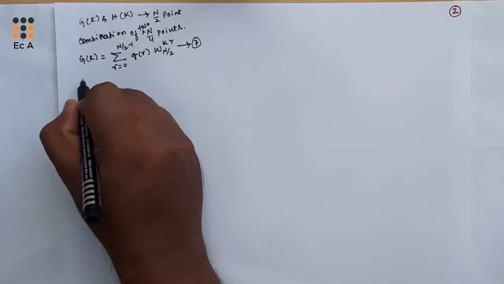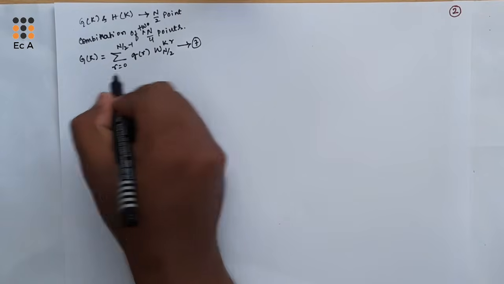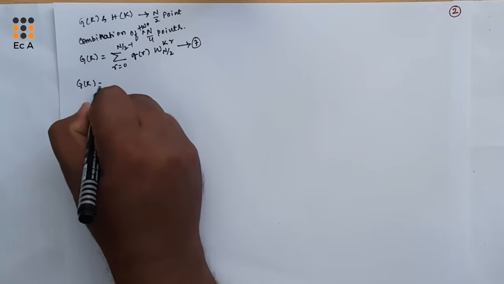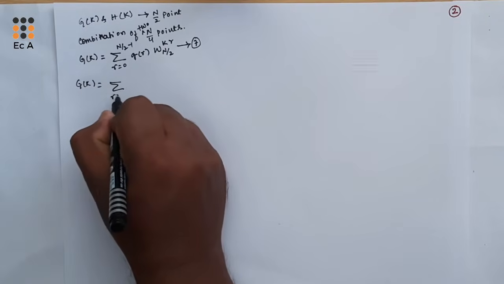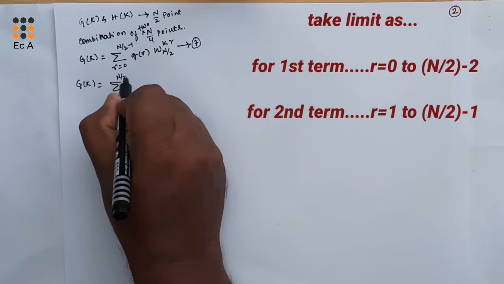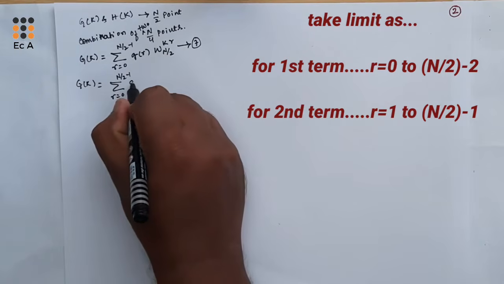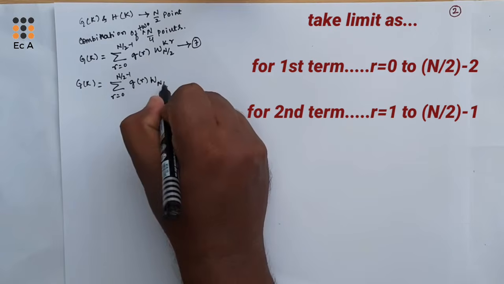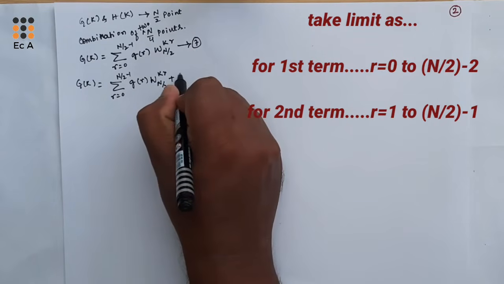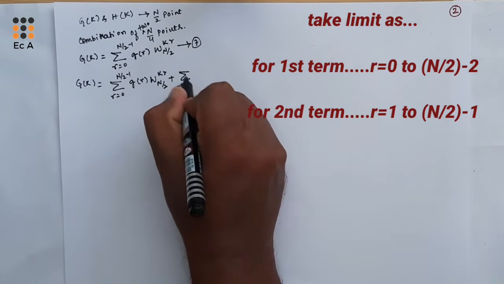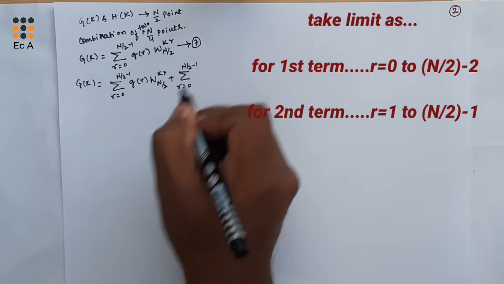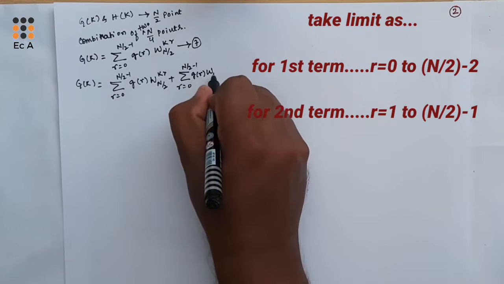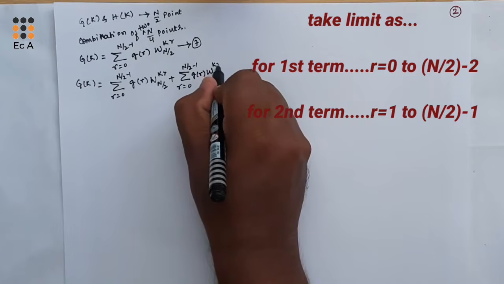Let us represent equation 7 as even indexed and odd indexed sequences: g of k is equal to summation of r is equal to 0 to n by 2 minus 1 g of r into Wn by 2 to the power of kr, plus summation of r is equal to 0 to n by 2 minus 1 g of r Wn by 2 to the power of kr.